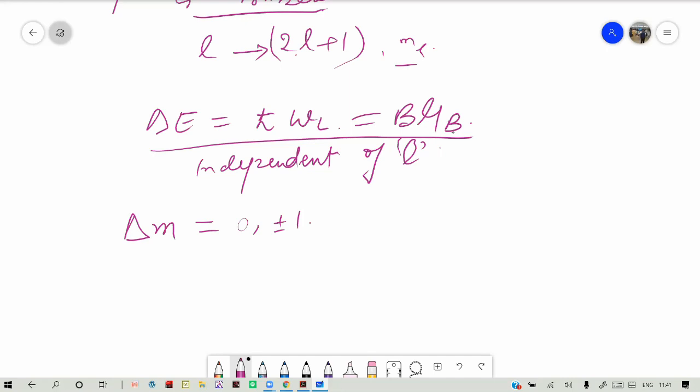These are dipole transitions, so generally the selection rules remain 0, plus minus 1. And remember that M equal to 0 to M dash equal to 0 is not allowed.